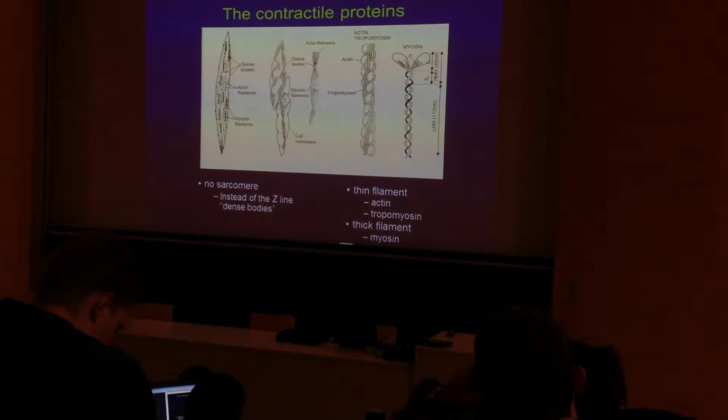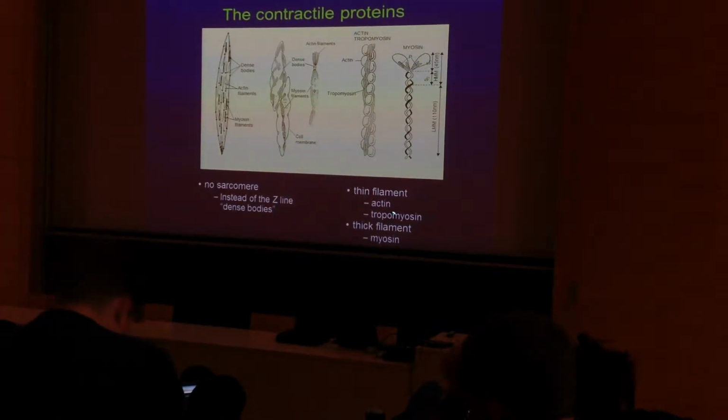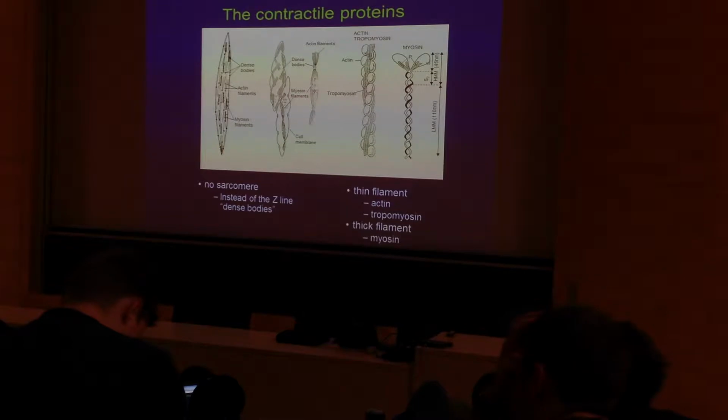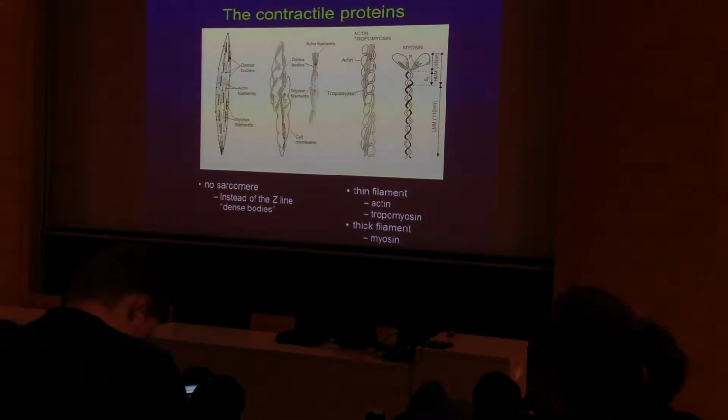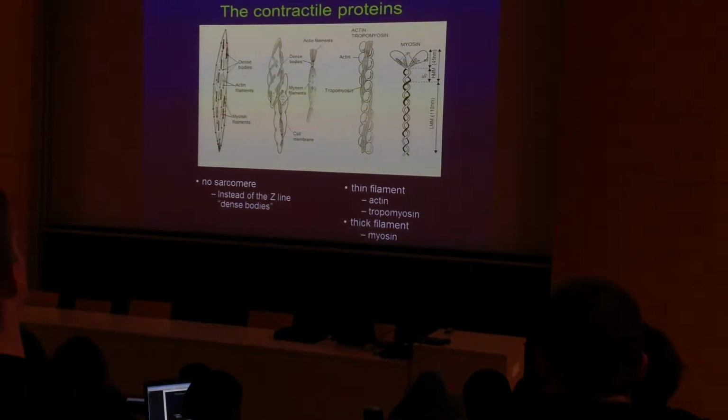If you look at the composition of a thin and a thick filament, then not much is changed. However, please note that in smooth muscle, although actin and tropomyosin are present, there is no such thing as troponin. A thick filament is composed of myosin.